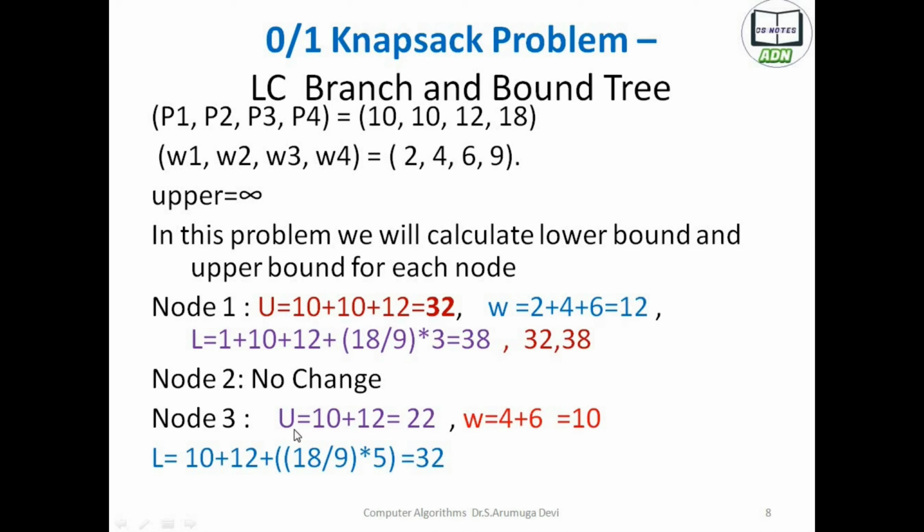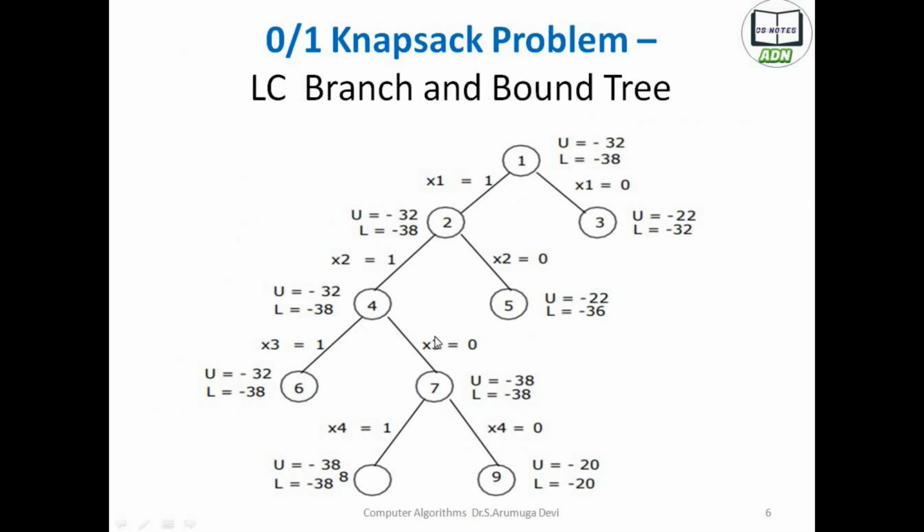You cannot take the next item since 4 plus 6 is 10, and 9 more would exceed the 15 kg maximum capacity. So the upper bound is 22 profit with corresponding weight 10. But for the lower bound you can take fraction values, so the remaining 5 kg is filled and the lower bound value is 32. So here the upper bound is minus 22, the lower bound minus 32.